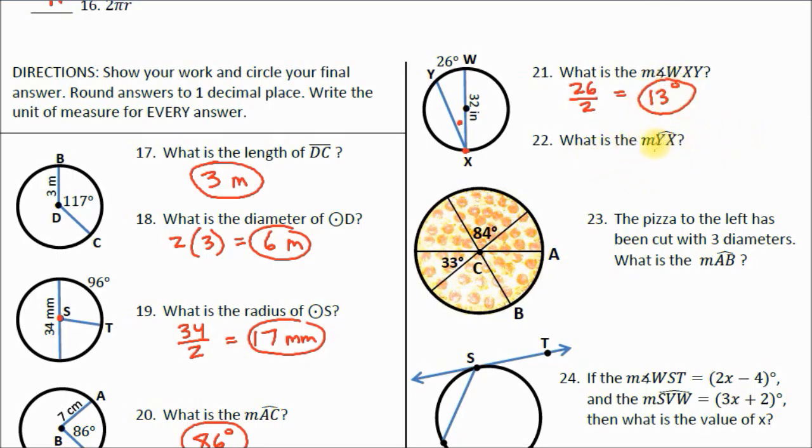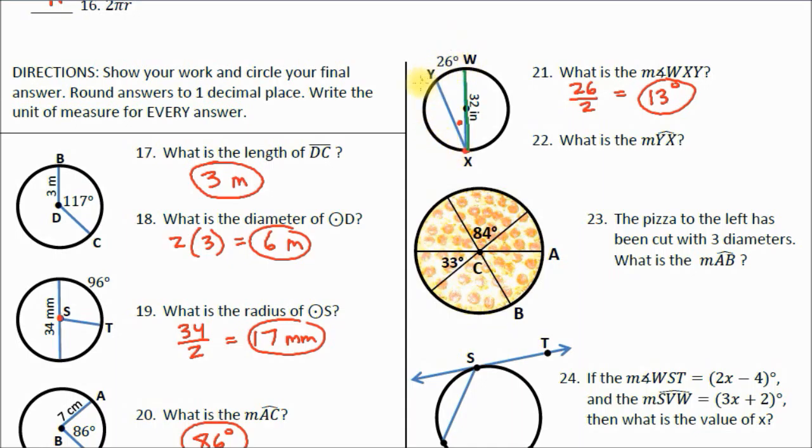Number 22, what is the measure of arc YX? Well, you can see here, class, I've talked about this before, you need to recognize diameters. This WX is a diameter. That means it cuts out a semicircle. We know that arc XYW is a semicircle.